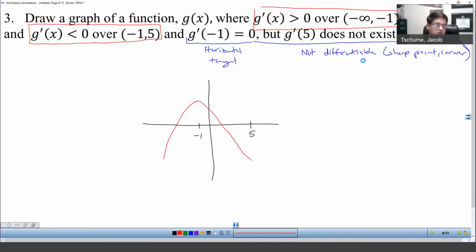I'm going to have to draw like a sharp point or a corner. So let's do something like that. That'd be an easy fix. As you can see, at x equals 5, it is a sharp point. So while that is a relative min by definition, technically your graph is not differentiable there because a corner occurs at x equals 5. So be aware of that, because that's going to show up occasionally in these problems.